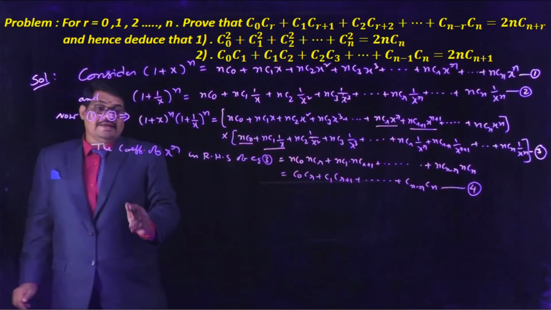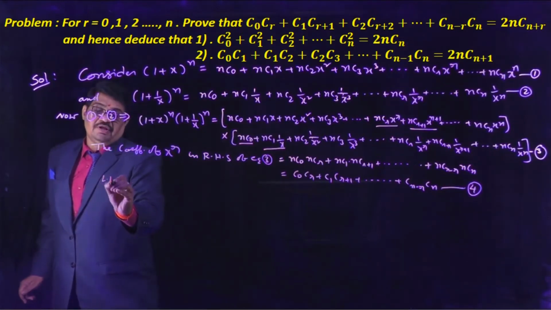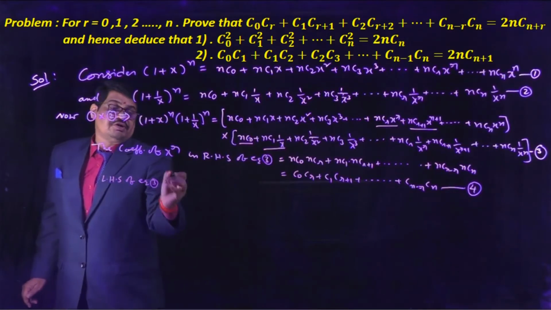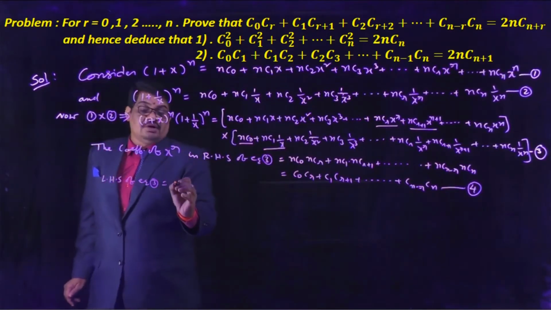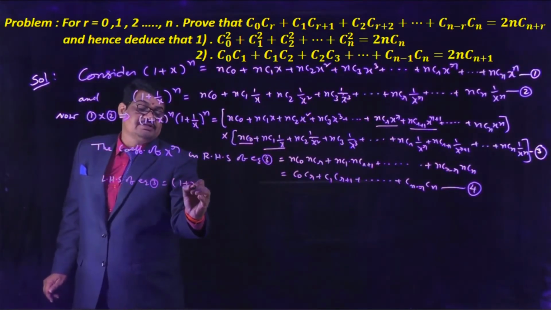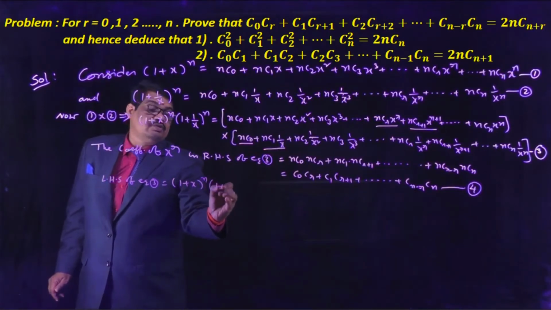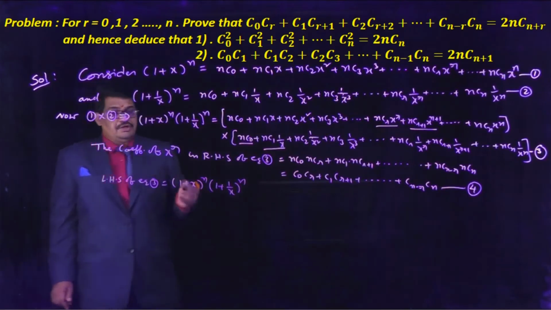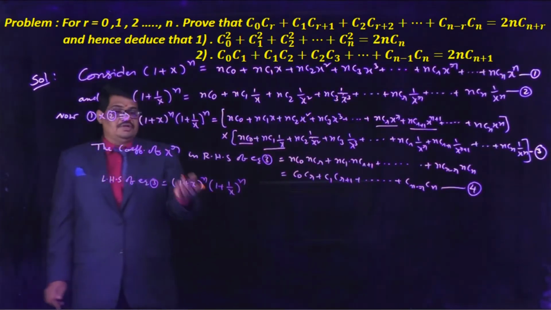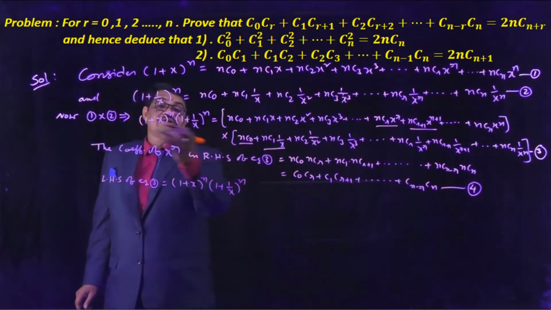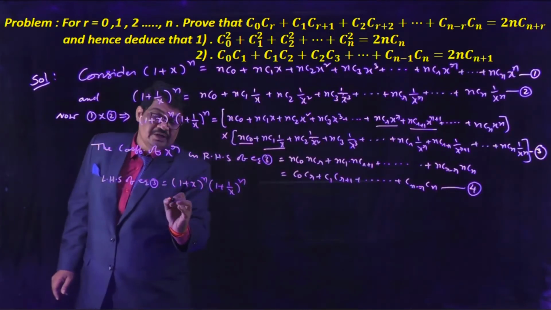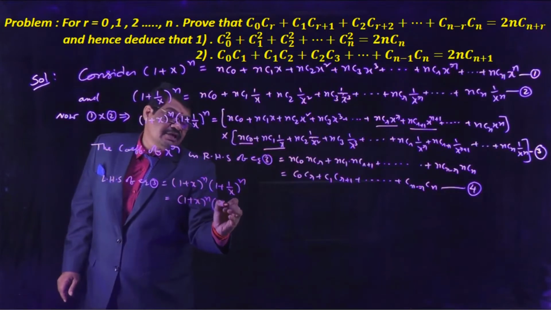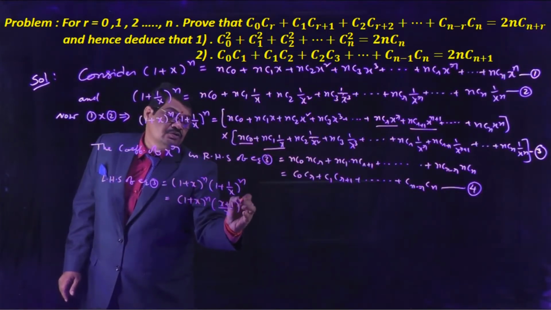Now we take the LHS of equation 3. What is the LHS here? It is (1 plus x) whole power n into (1 plus 1 by x) whole power n. Now we write this as (1 plus x) whole power n into ((x plus 1) by x) whole power n.